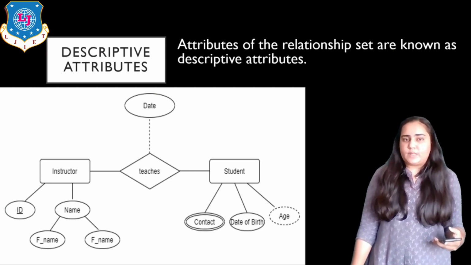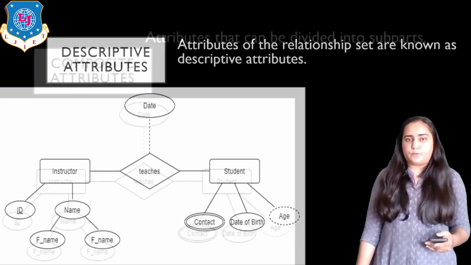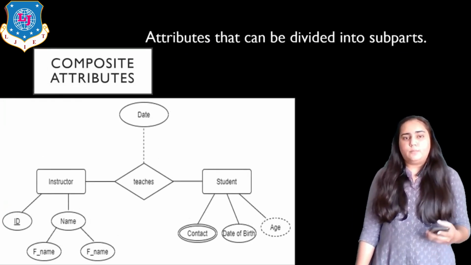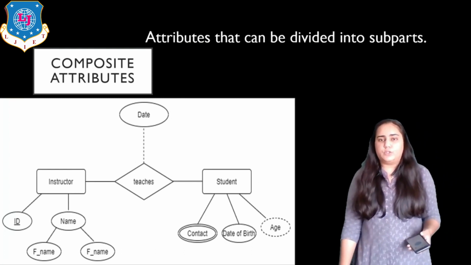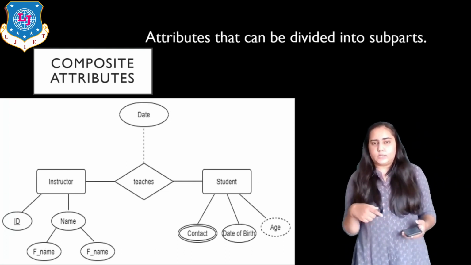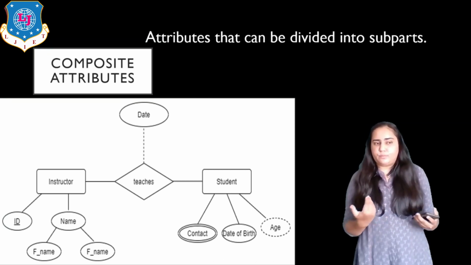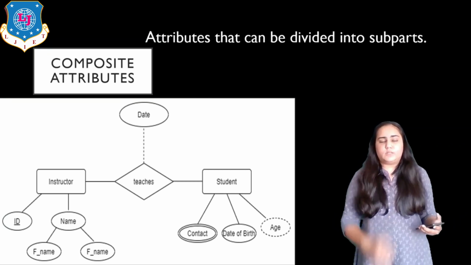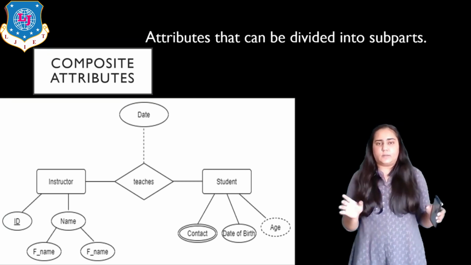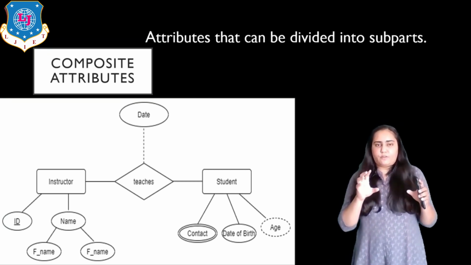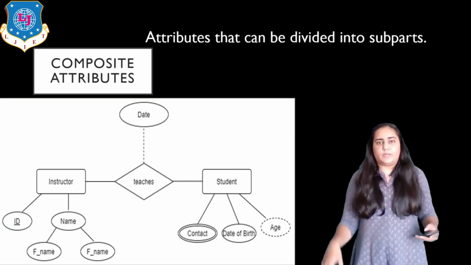So that shows you that it's a descriptive attribute. And composite attributes are just shown with ellipses, and because one attribute is divided into subparts, you can just show it as one ellipse from where multiple ellipses are coming out.